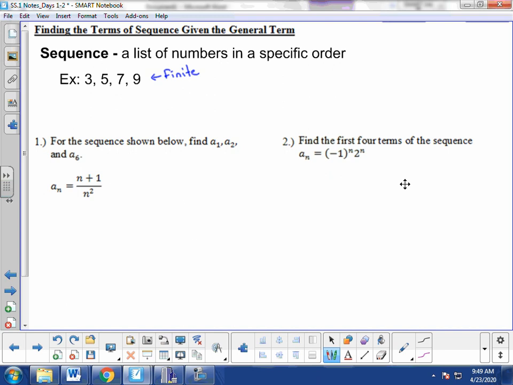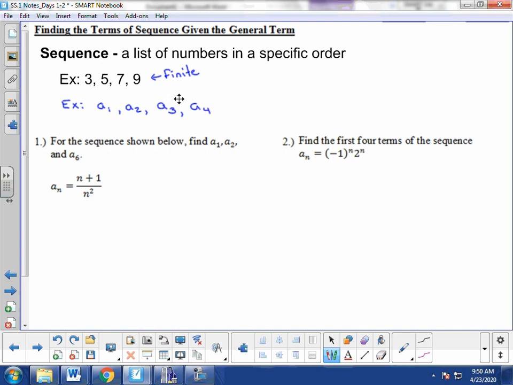Basically how we would represent this in general terms is, instead of writing this as 3, 5, 7, 9, if we wanted to represent this as a potential sequence that could be any values, this is one specific sequence, but we can write that with what we often show as a sub 1 for the first term, a sub 2 for the second term, a sub 3 for the third term, and a sub 4 for the fourth term.